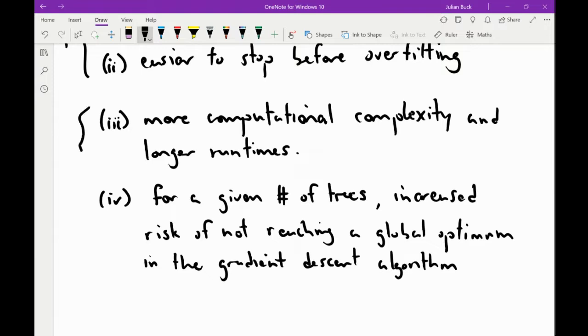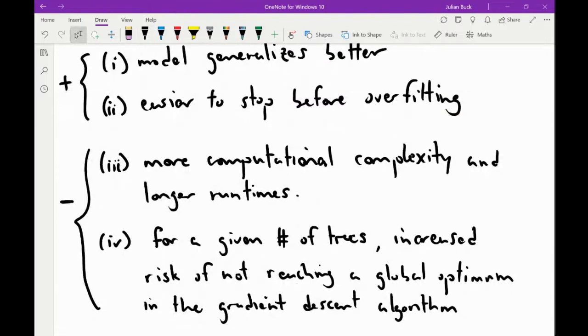Okay, so those are disadvantages. Let me put a minus next to them. So they're negatives. That's what I mean by the plus and minus here: positive aspects and negative aspects.